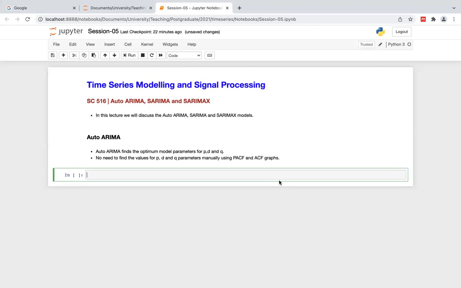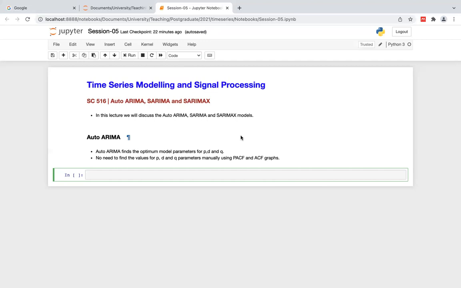The only thing is that we automate identifying the optimum values for the P, D, and Q parameters.